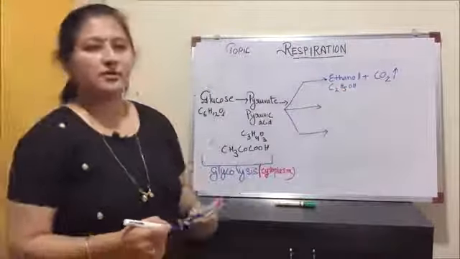So the reference of activity 2 is due to the incomplete oxidation of glucose, ethanol is formed and carbon dioxide gas is released, right? So this particular process is done in beverage industries, okay, alcohol industry, fine. So what is the next pathway taken by the respiration?